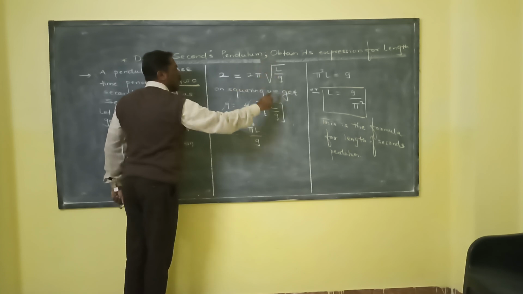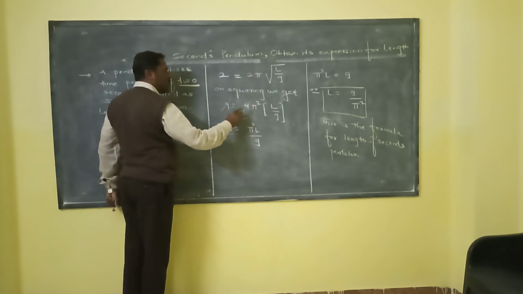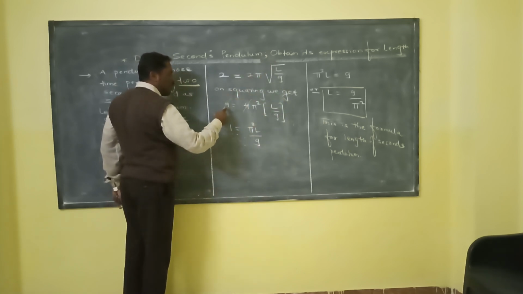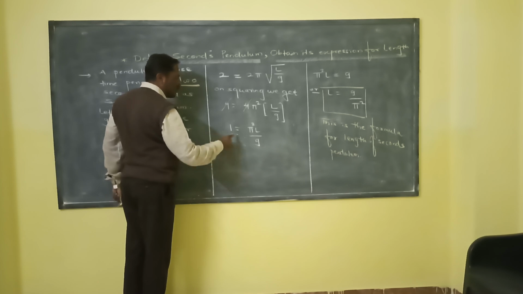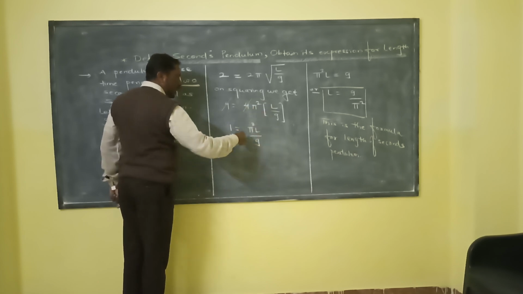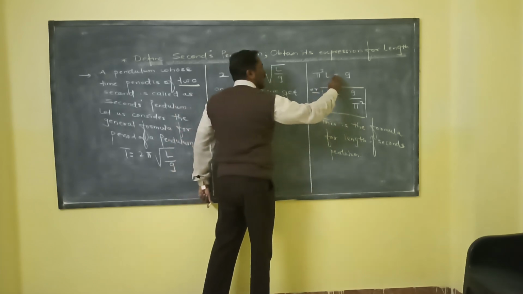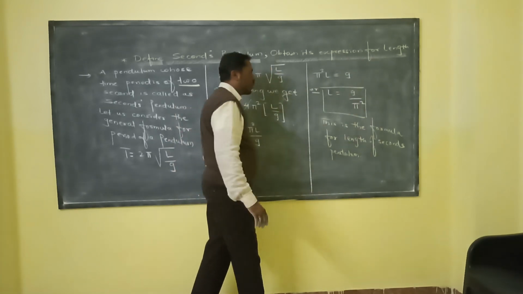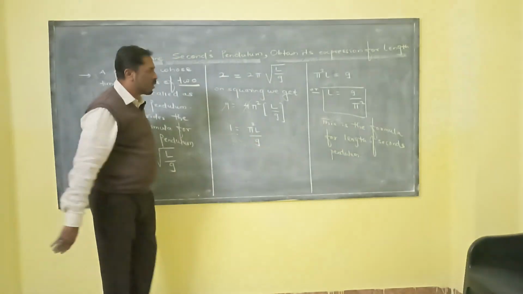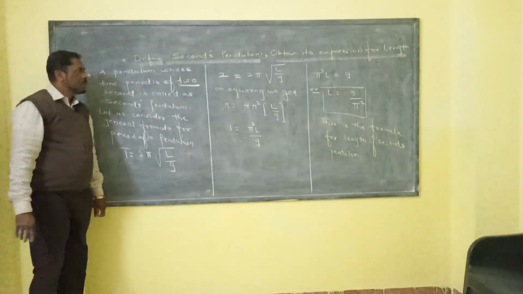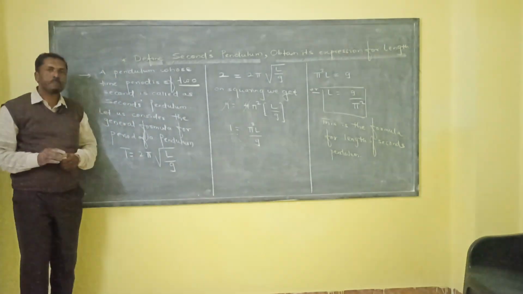Square root goes out. What remains? L upon G. 4 of both sides cancels. What remains? 1. 1 upon 1 is equal to pi square L upon G. Taking cross product, we get pi square L is equal to G, or L is equal to G by pi square. So this is the general formula for length of seconds pendulum.